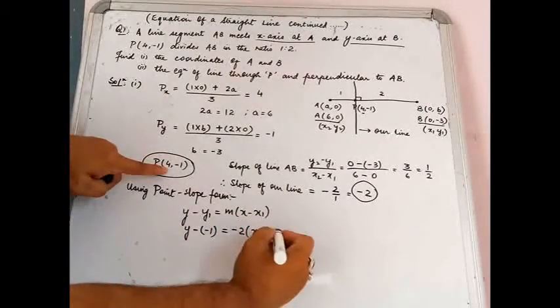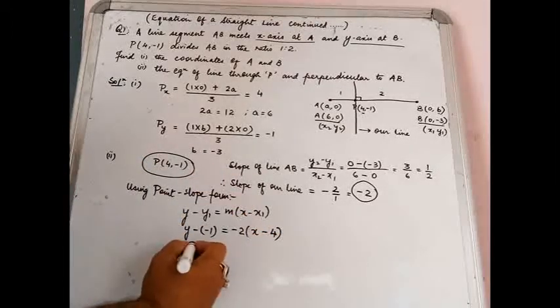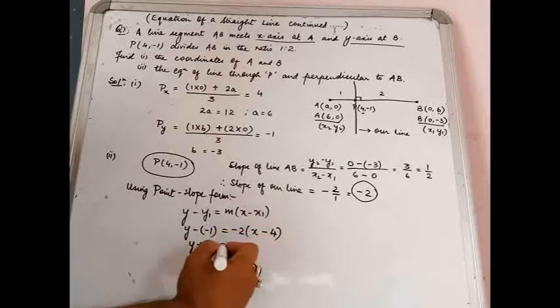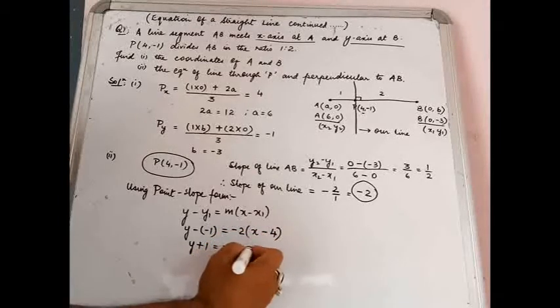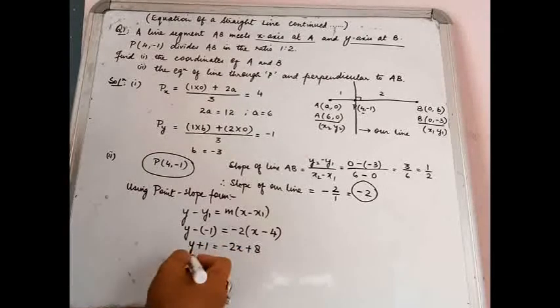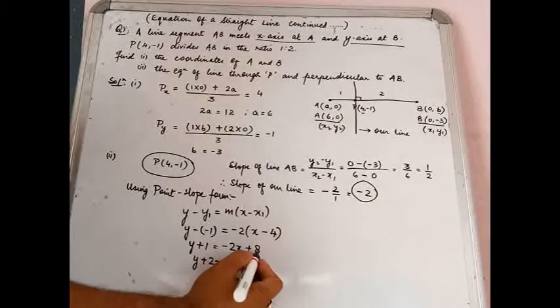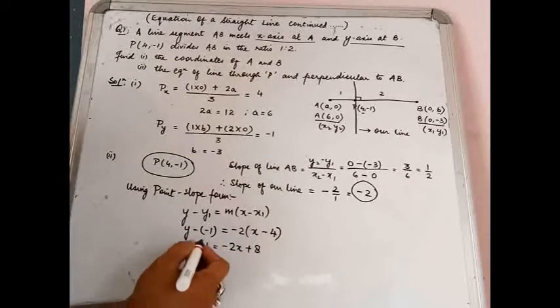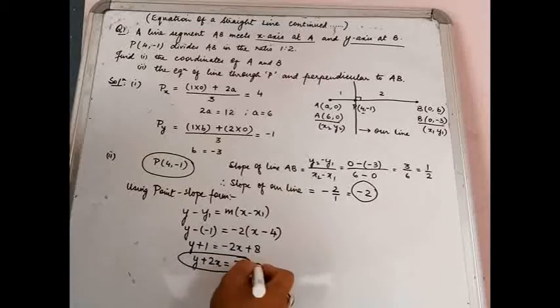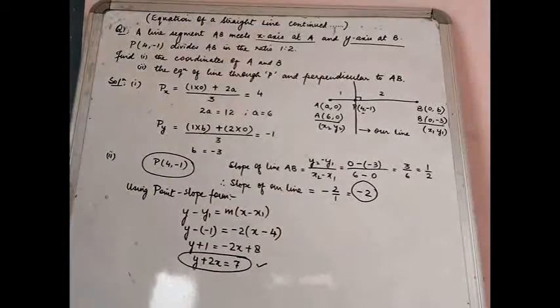So y minus of minus becomes y plus 1 equals minus 2x plus 8 when minus 2 goes inside. This minus 2x can come to this side, so you have y plus 2x equals 8, which was already on the right side. The 1 will go to the right side and become minus 1, so 8 minus 1 is 7. So this is the answer to the second part of the question.